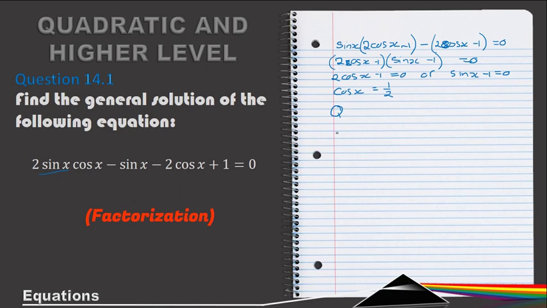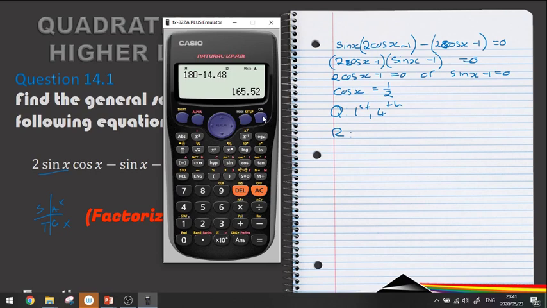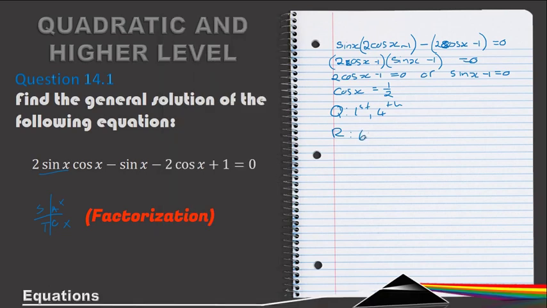So once again, by CAST quadrants, it's positive in the first and the fourth quadrant. Then the reference angle will be shift cos of 0.5, which we saw is 60 degrees.